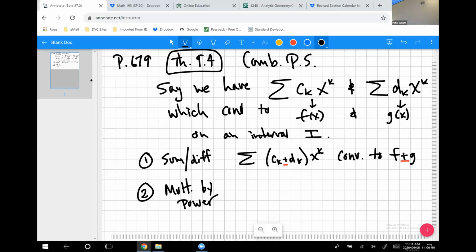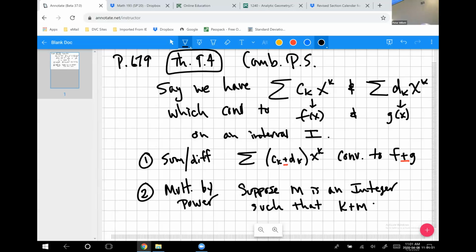Suppose we have an integer m, such that k plus m stays greater than or equal to 0, as long as you're in the power series.